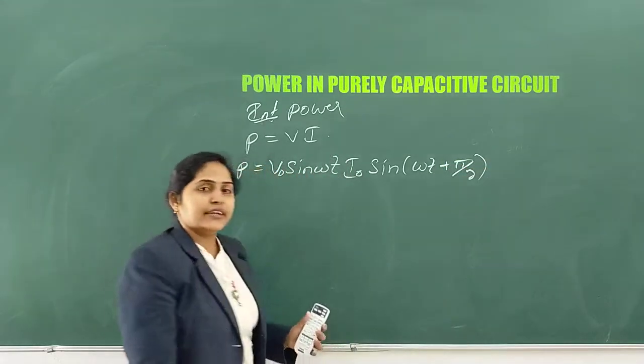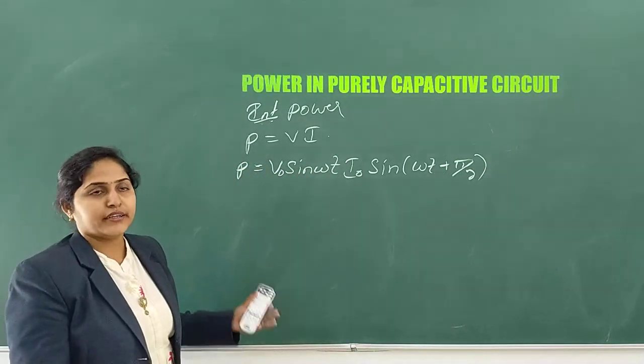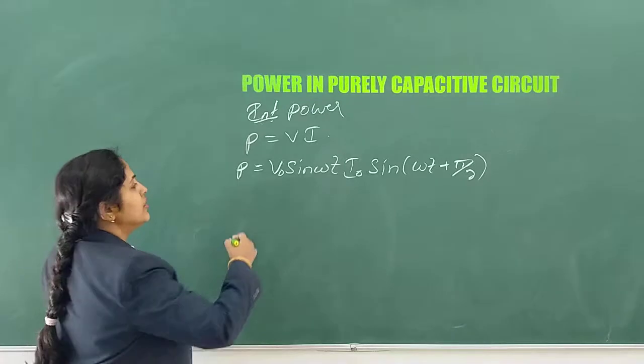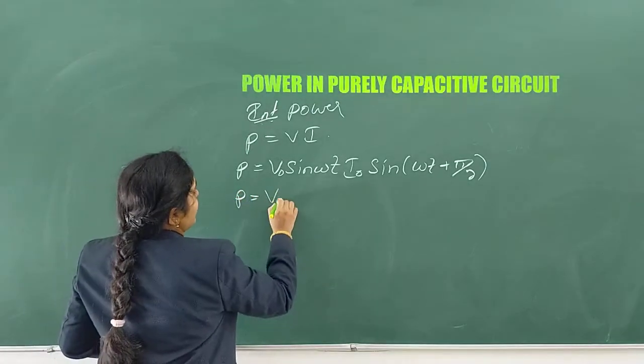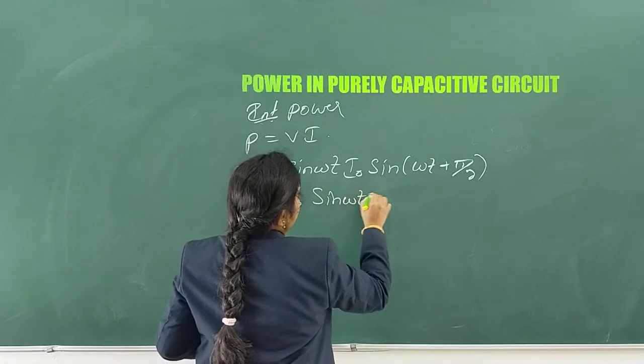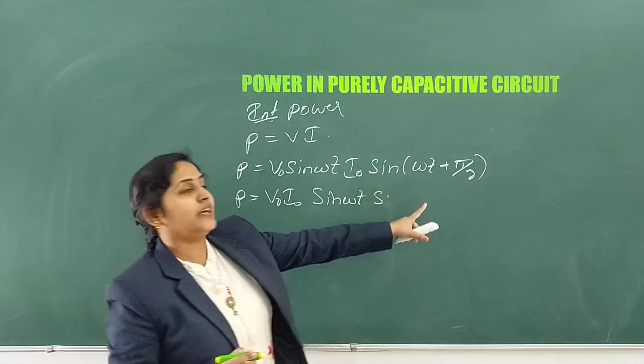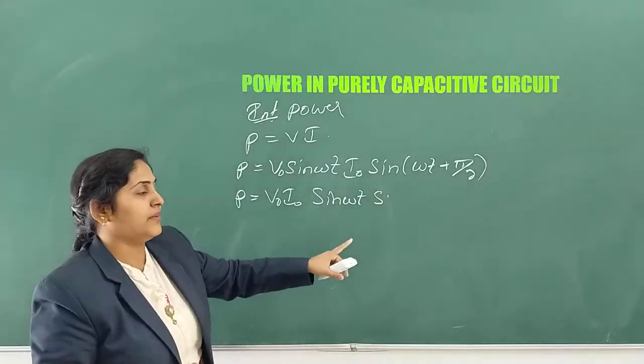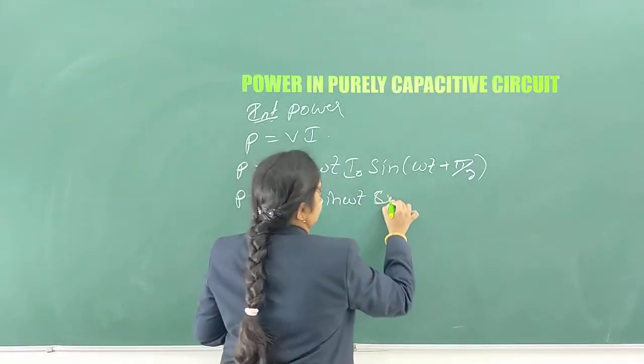So at the end we get the integration of sin 2 omega t. Here also it cancels, it becomes 0. See, P equals V naught I naught sin omega t into sin (omega t plus pi by 2). I am going to replace this as cos omega t.